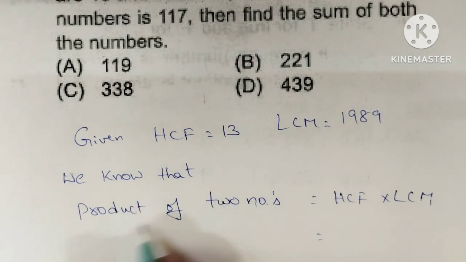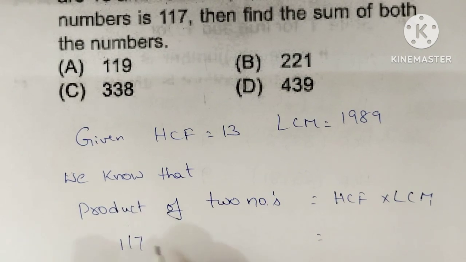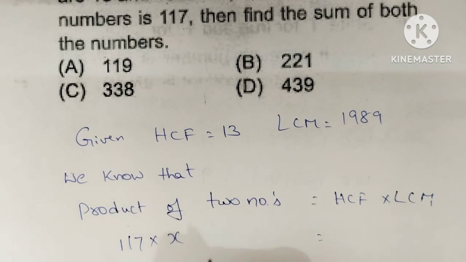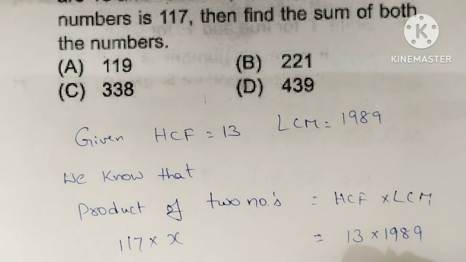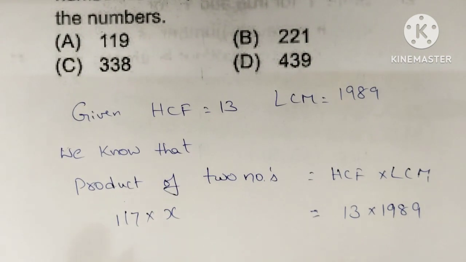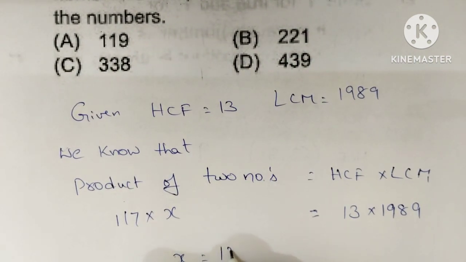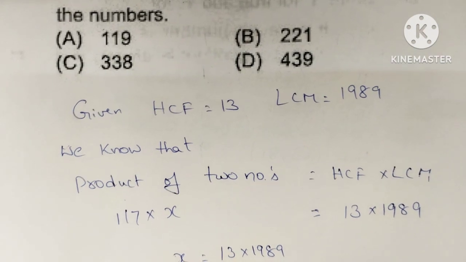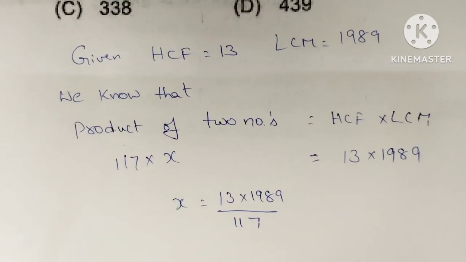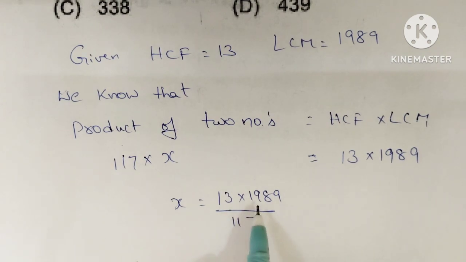So the product of two numbers, where one number is given which is 117 and the other number is X, is equal to HCF 13 into LCM 1989. So X equals 13 into 1989 by 117.